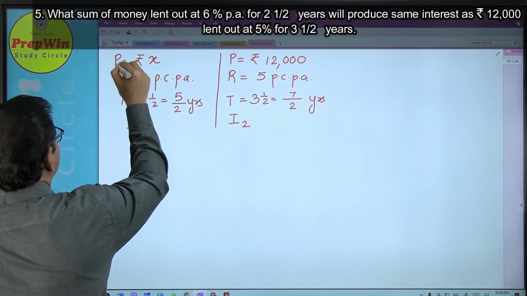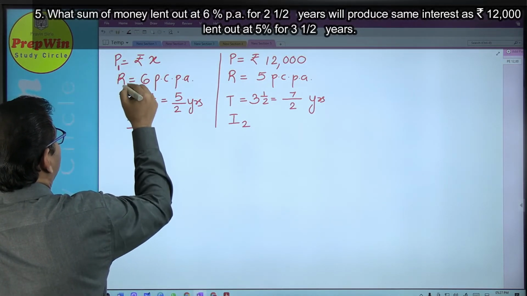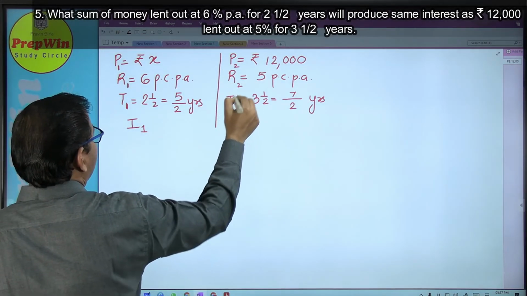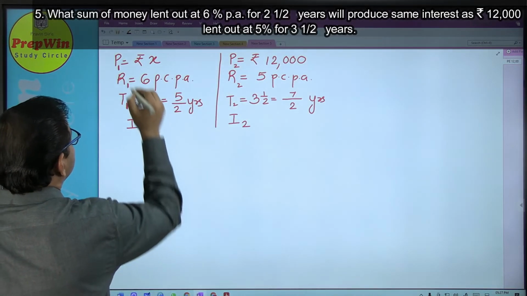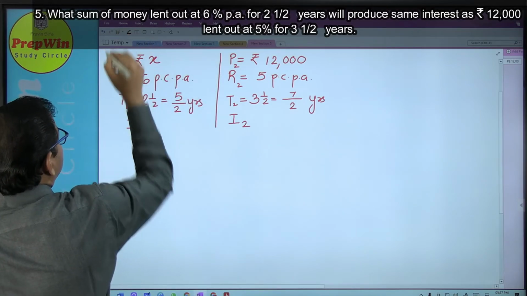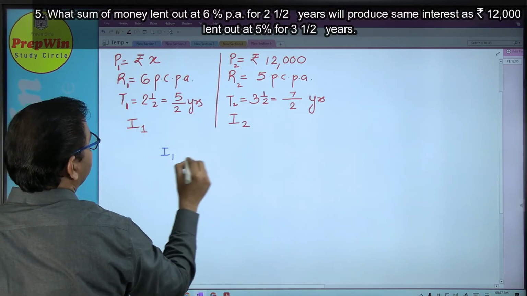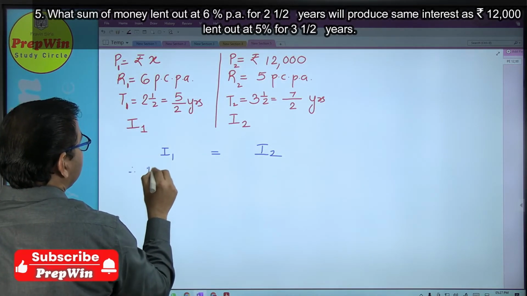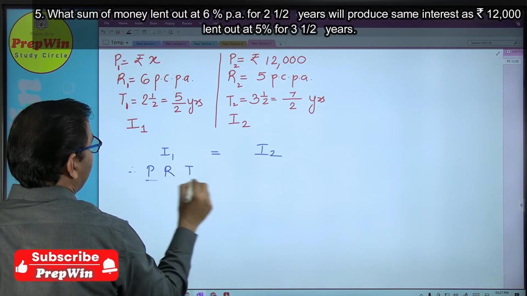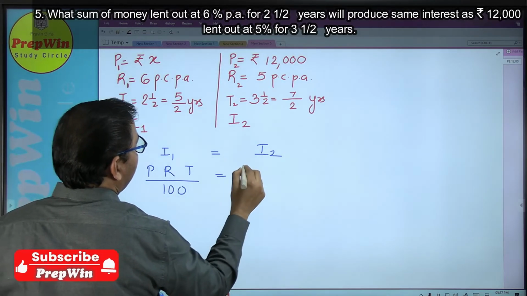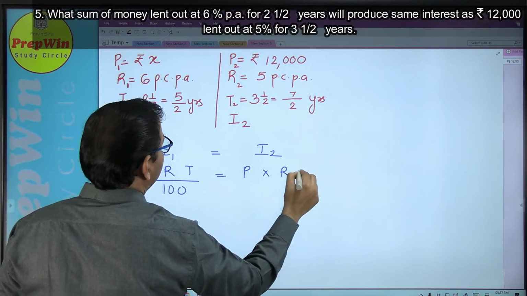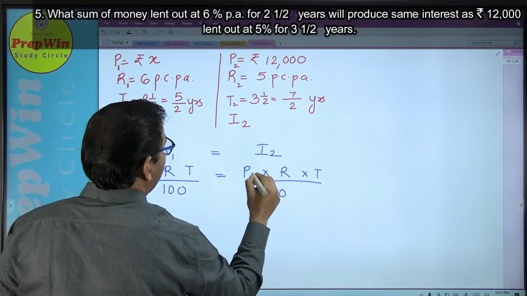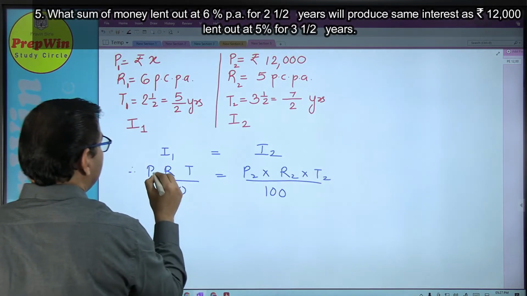So in the first condition I take principal as P1, R as R1, T1 and here P2, R2 and T2. What is the condition given in this sum? In this sum the condition given is that I1 is equal to I2. Formula for I is P into R into T upon 100. So here also P into R into T upon 100. But on the right hand side we have P2, R2, T2.